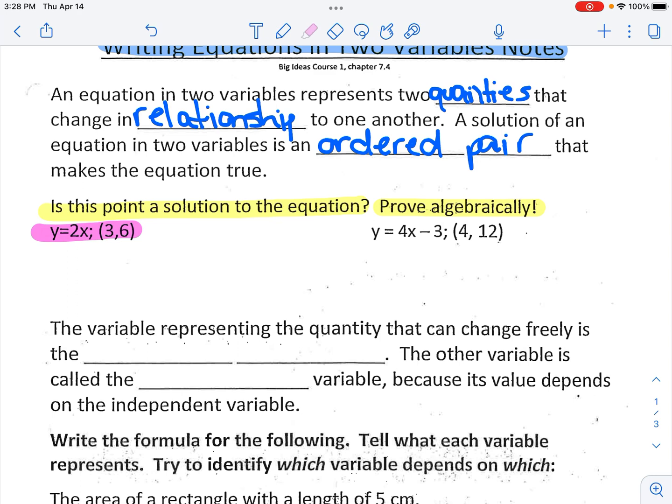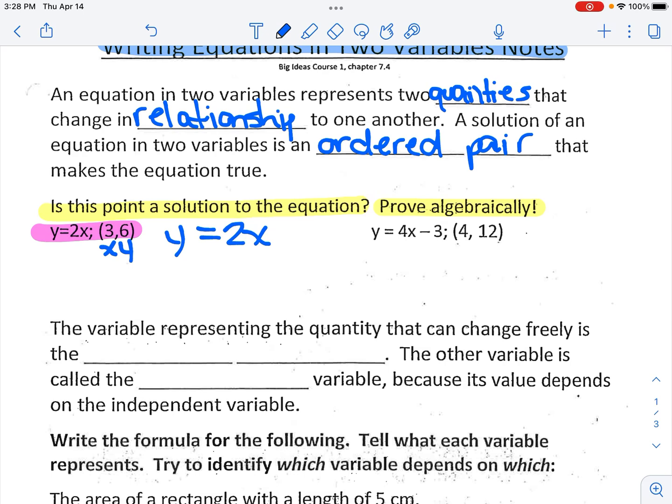Remember, when you have an ordered pair, the first term is your x and the second term is your y. Well, if y is equal to 6, we're going to substitute. So first I'm going to rewrite my equation, y equals 2x.